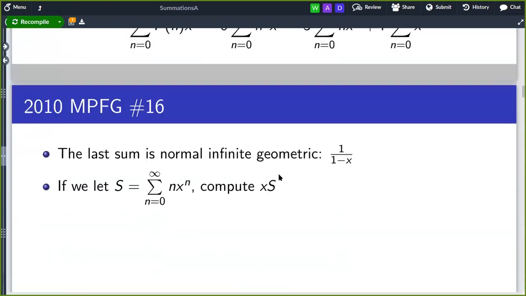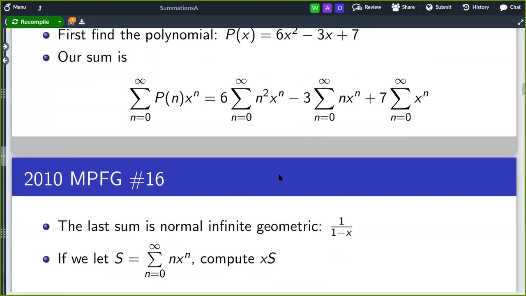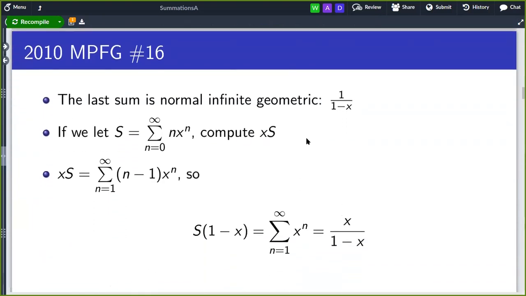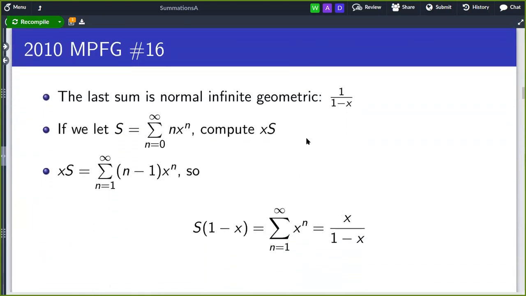Yeah, so we want xs, and then as many people are saying in the chat, once we compute xs, we're gonna get it to be the sum from n equals 1 to infinity of n minus 1 times x to the n. So we can subtract the xs from s to get a standard infinite geometric sequence.